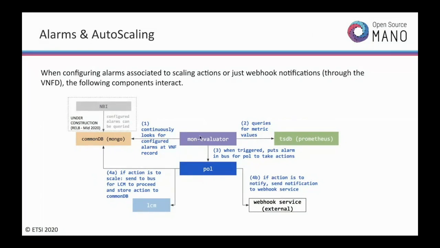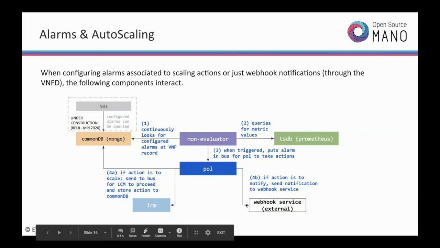And if the threshold is crossed, then it depends. If the alarm was configured just for notifying a webhook service, which is one of the implementations we have, then MON launches this notification to the webhook service.